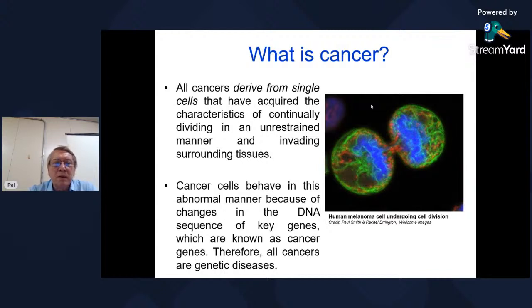All cancers, to the best of our knowledge today, derive from a single cell that has acquired the characteristics of continually dividing in an unrestrained manner and invading the surrounding tissues. These are very characteristic features of cancerous cells.